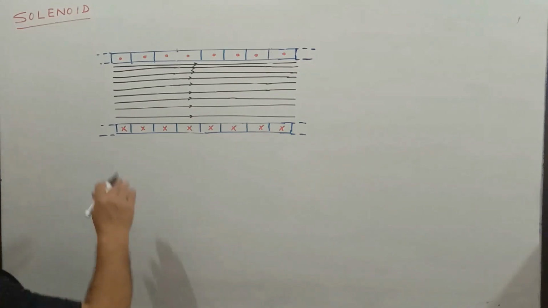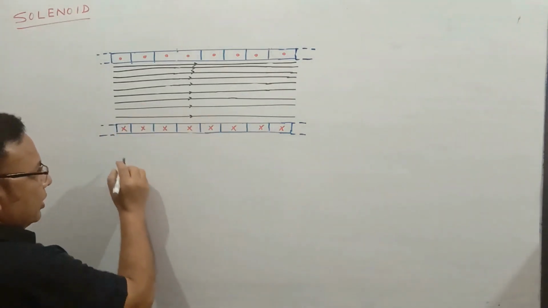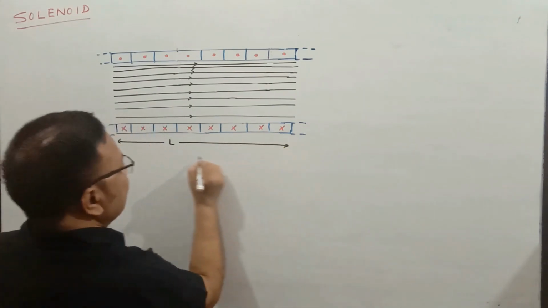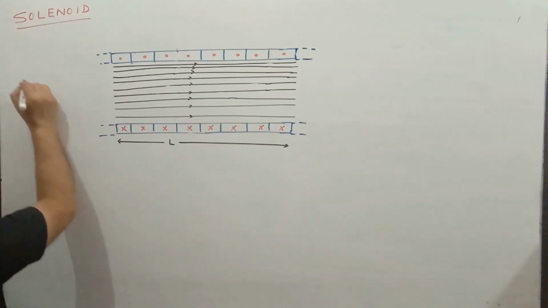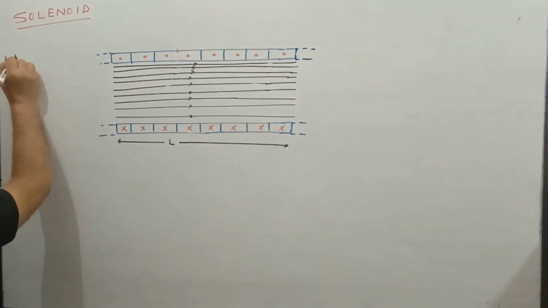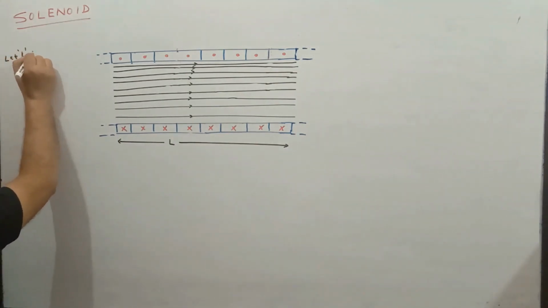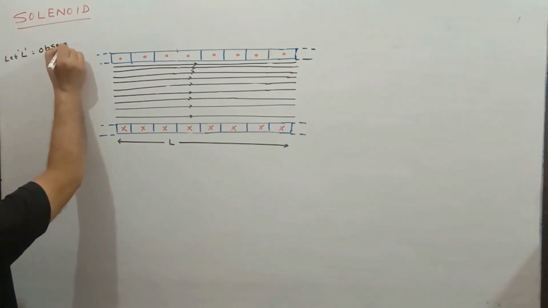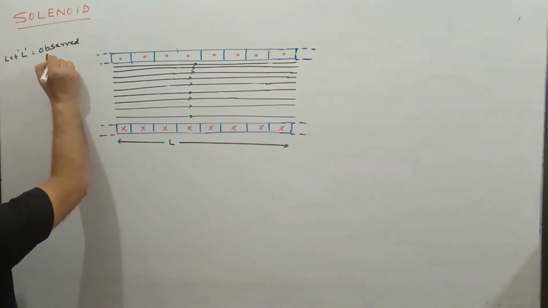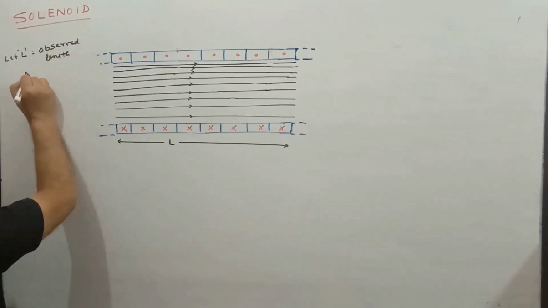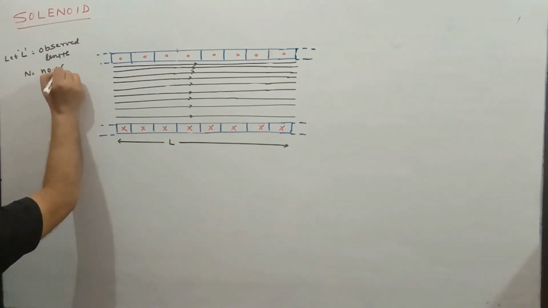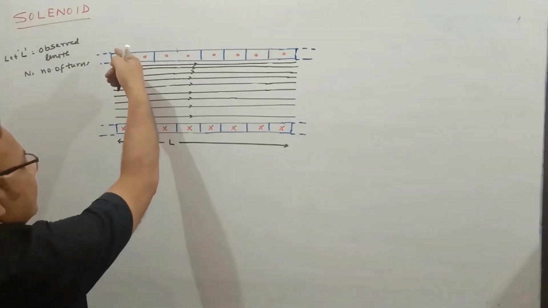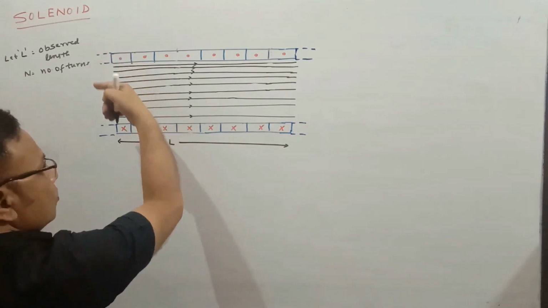Consider a section of a long solenoid, say of length L, having N number of turns included in it of the wire. Here the current is coming out, going in.